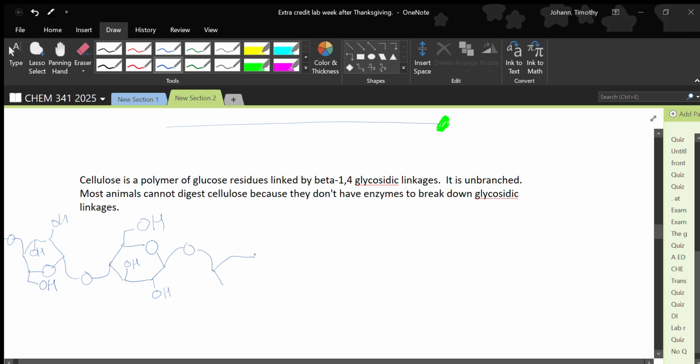But any of the correct ways to draw it is fine, okay? But you need to be able to recognize all these other ways. Oops, that's not right. Oops, that's wrong.